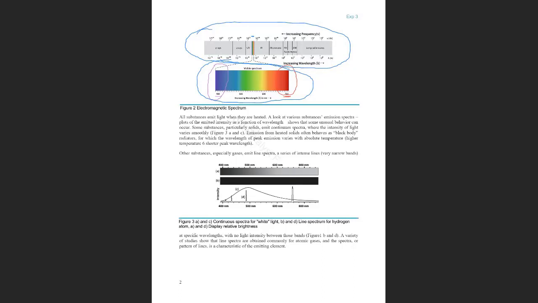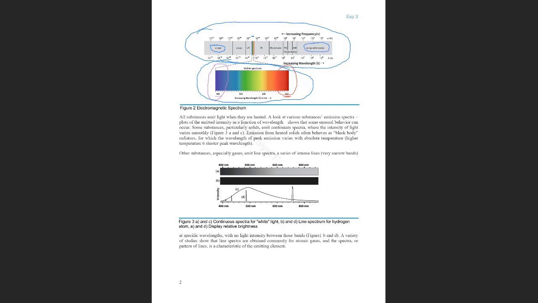We see wavelengths in the entire portion of the electromagnetic spectrum, ranging from here, from 10 to the minus 15 meters, which are the gamma rays, all the way to the radio waves, long radio waves.